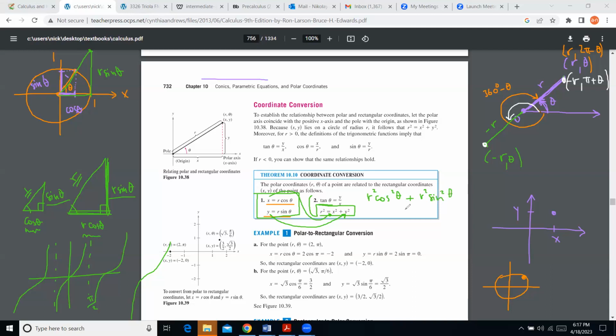Then notice that when you take out r squared, you have the Pythagorean theorem, cosine squared plus sine squared is equal to 1, because of the definition of sine and cosine that we just looked at. So that's why I get r squared.